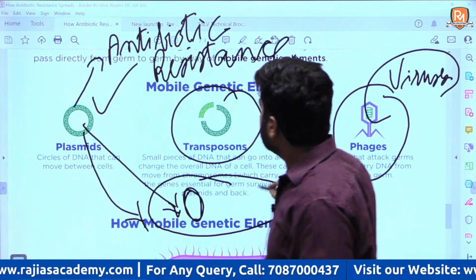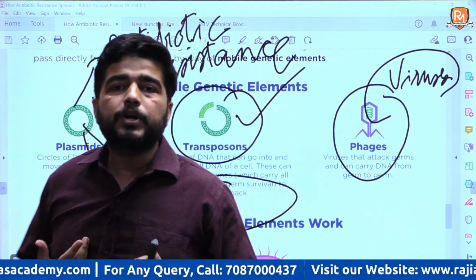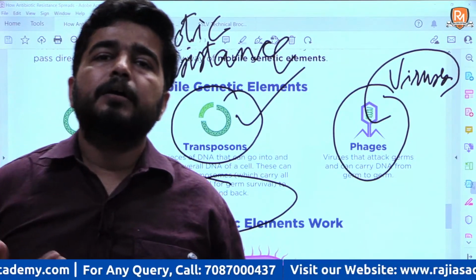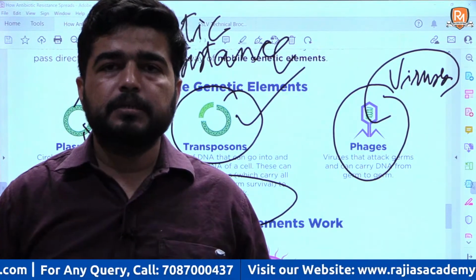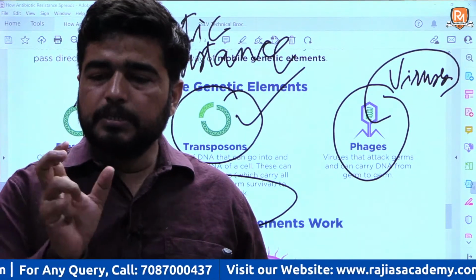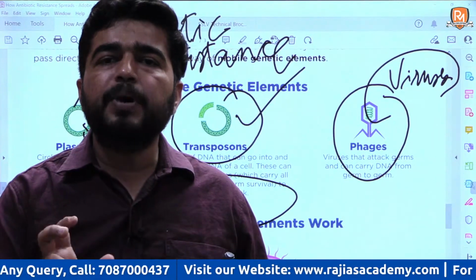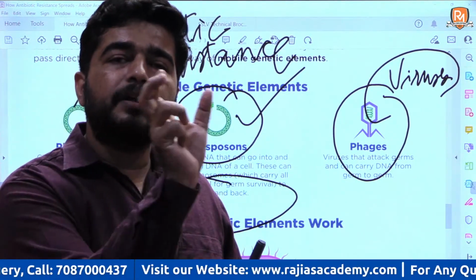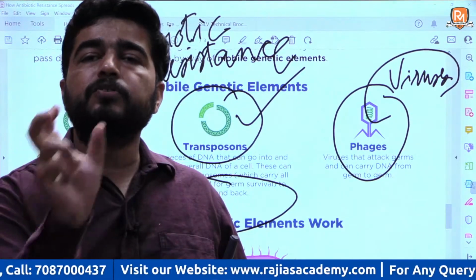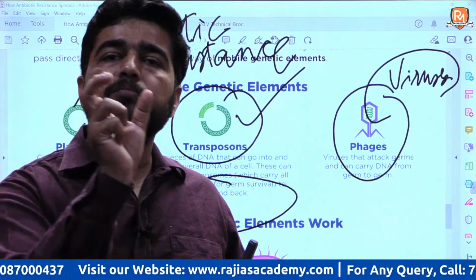In the same way, transposons: our human body, bacteria and other organisms have some jumping genes. Jumping genes means transposable or transferable sequences of DNA which can be transferred from one chromosome to another, or from one part of a chromosome to another part.